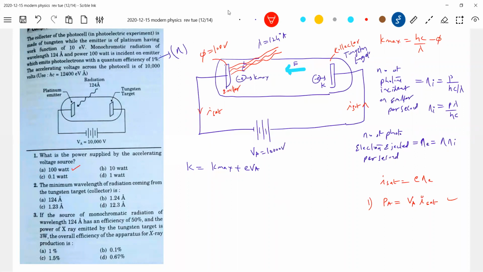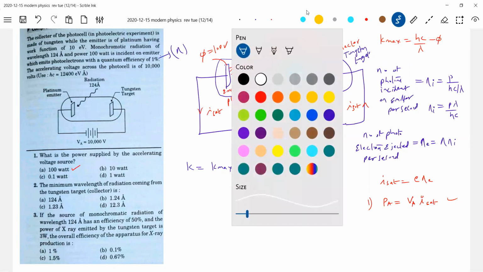Next, the minimum wavelength of radiation coming from the tungsten target. Why should that radiation come? There is a radiation incident on the platinum emitter. Now it is asking the next part.